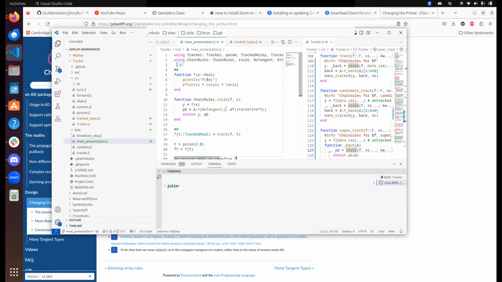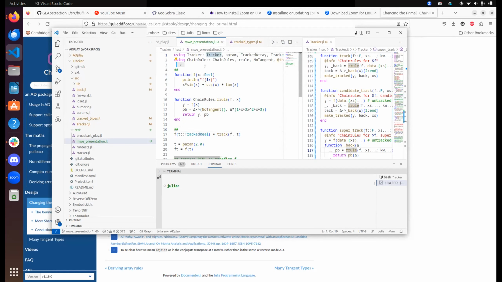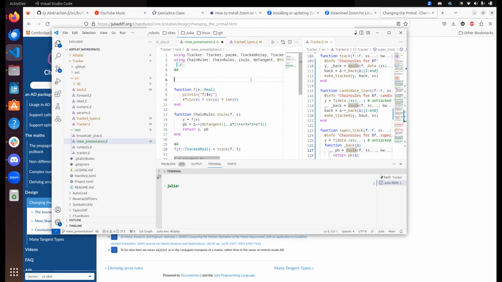Let me show you a quick example, just for fun, just to remember how tracker works. Here I have a number, and I want to track it, say 5.0.